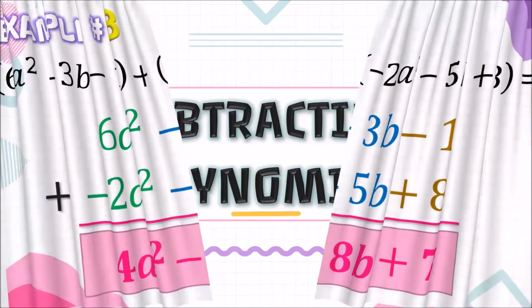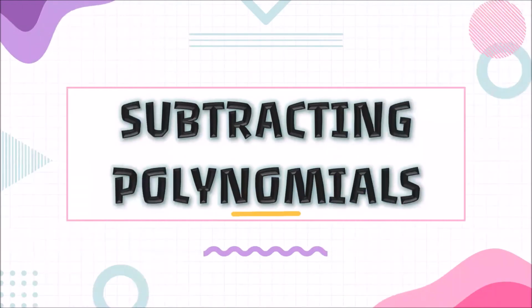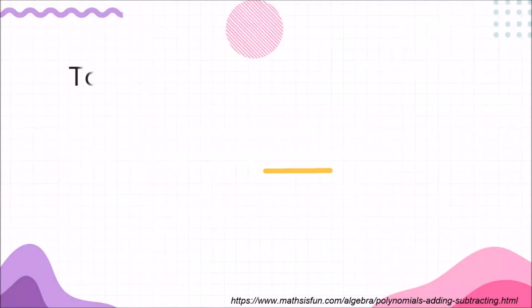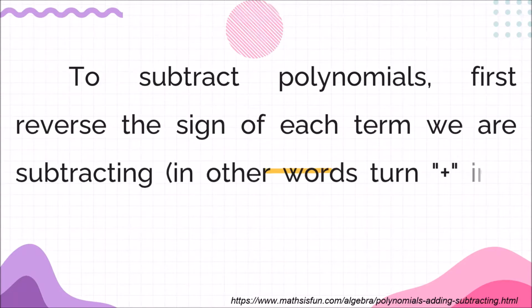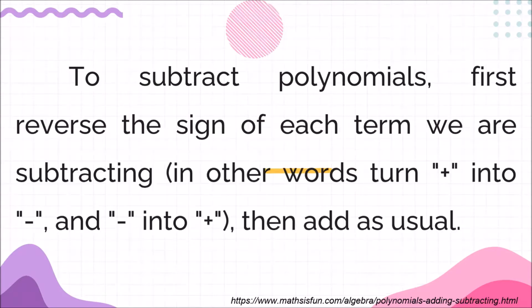So let's now proceed in subtracting polynomials. To subtract polynomials, first reverse the sign of each term. We are subtracting. In other words, turn positive into negative and negative into positive, then add as usual.